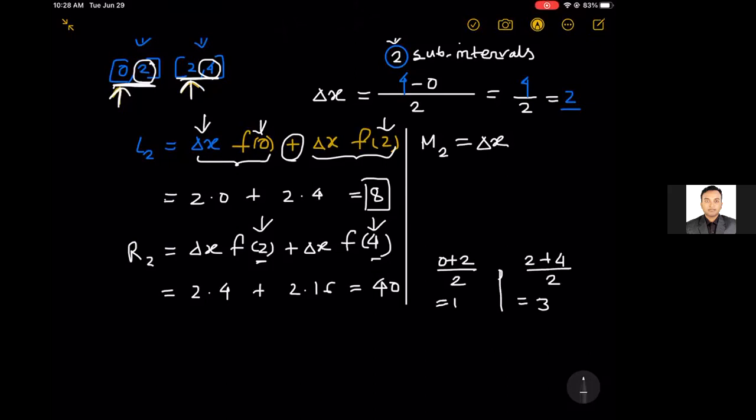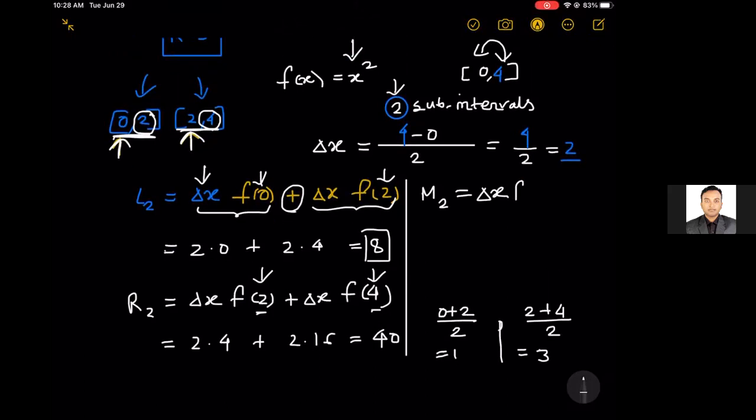That's it. So that means on this occasion, we'd need f of 1 plus del x times f of 3. Do you agree? We just need to find the midpoints and take the functional value at those. Okay, what's the functional value at 1? It's 1 squared, right?